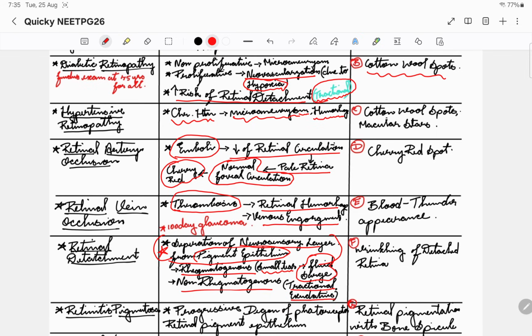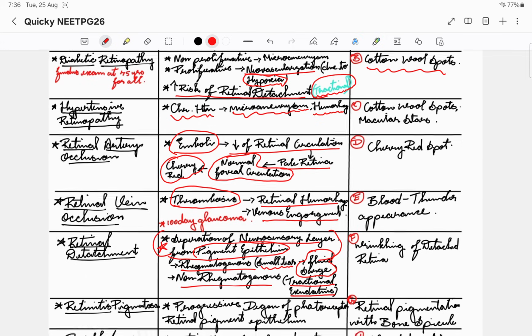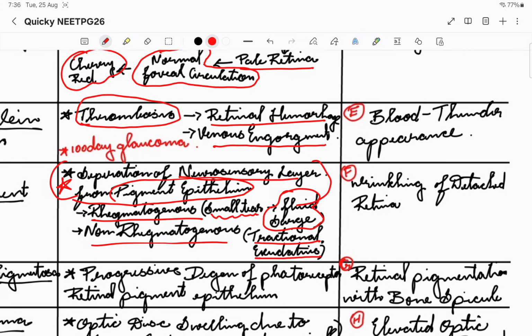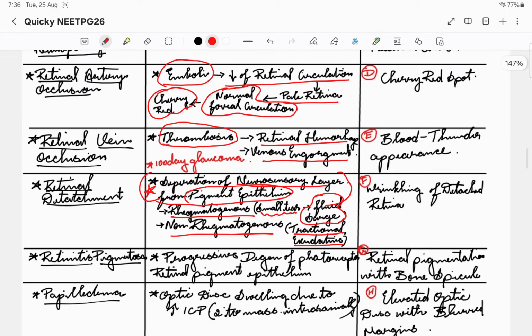So there might be traction because of some trauma or some diabetes and all. So there might be traction and adhesion which might lead to pulling the retina out between these two layers. So that is what tractional means. And if there is some infection and all, that might lead to exudative. So exudation might go in between these layers and cause this. This is what retinal detachment types are.